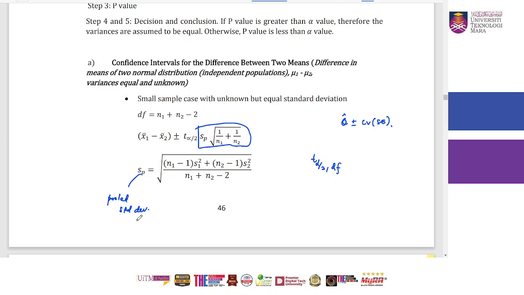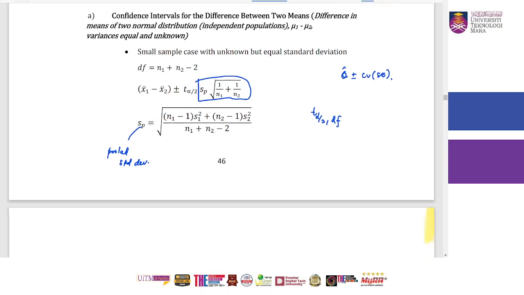Okay, you kena tengok lah formula mana yang diberikan kepada anda. Yang mana tak diberikan tu you kena kira lah, you kena hafal lah. So kalau dia dah bagi, tak payahlah hafal. You just need to know when to use it. Alright. So that is the most important part. Okay. So that is for the equal variance assumed and sigma unknown.